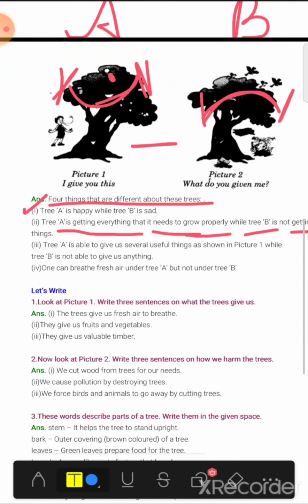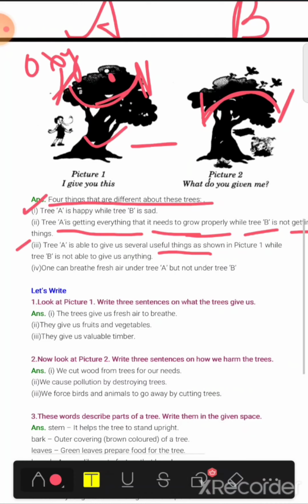Now come to the third point. Tree A is able to give us several useful things. What are the things which a tree gives us?